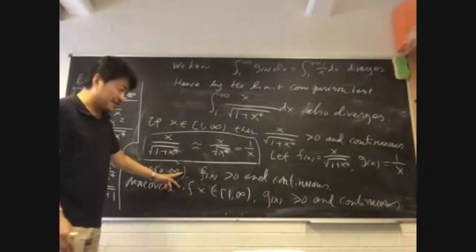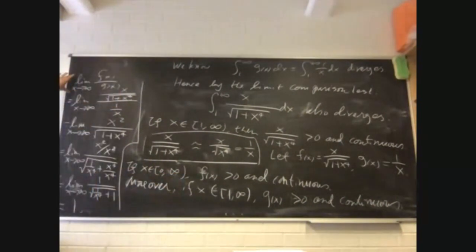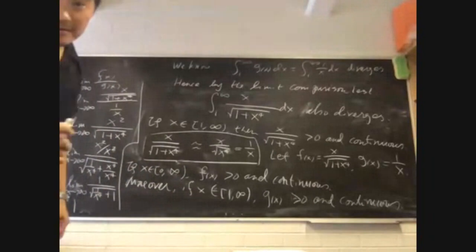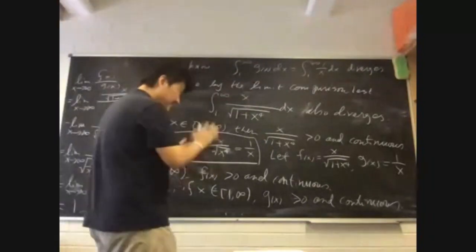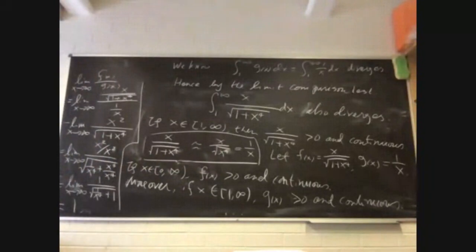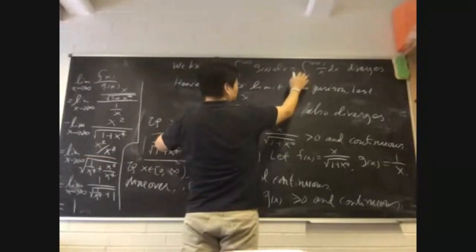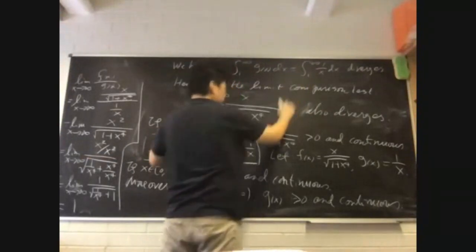Both of these functions are positive and continuous. And the limit of their ratio as I take x to infinity is 1 after this computation. So every one of the conditions of the limit comparison test is met: positive and continuous for both functions, and the limit is positive and finite. So I can conclude that either both of the integrals converge, or both of them diverge.